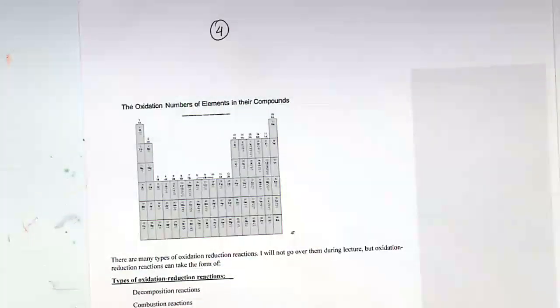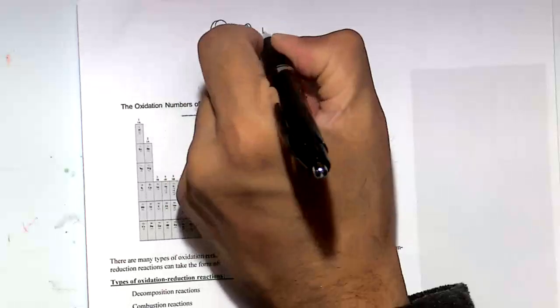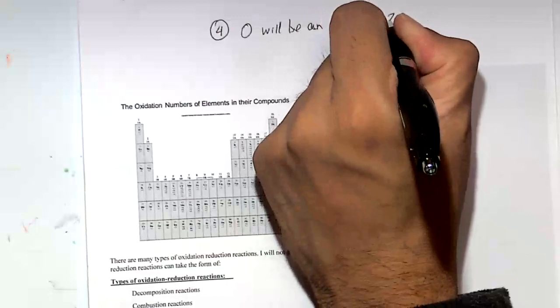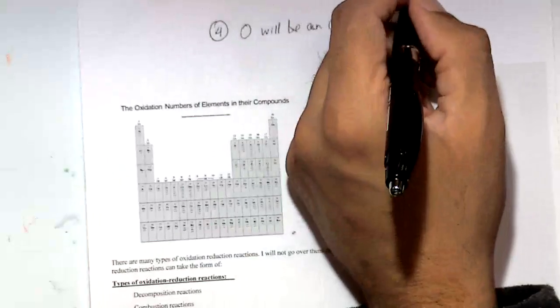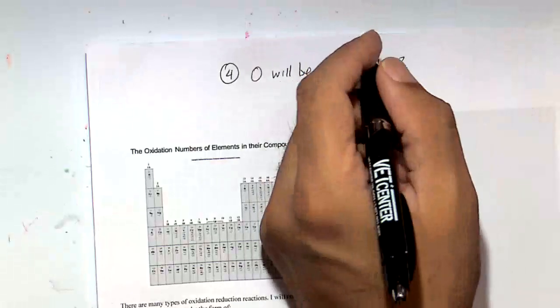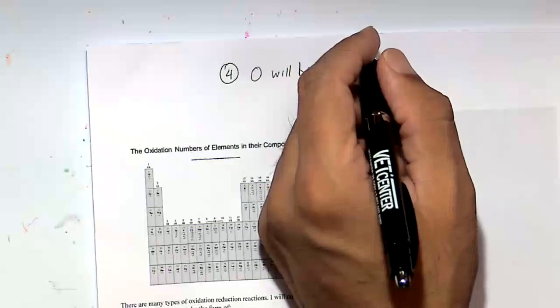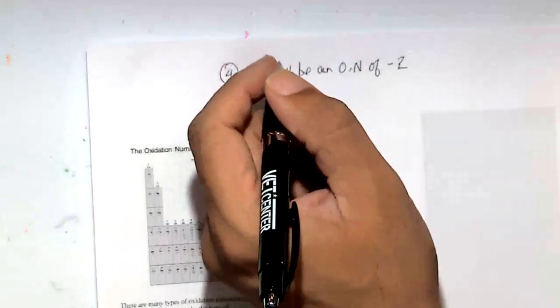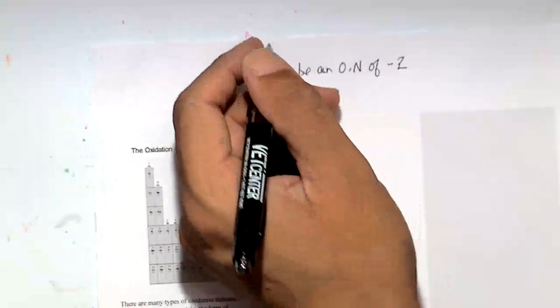Oxygen is going to be -2, except for some rarities, but oxygen will be -2. Okay, oxygen will have an oxidation number of -2.